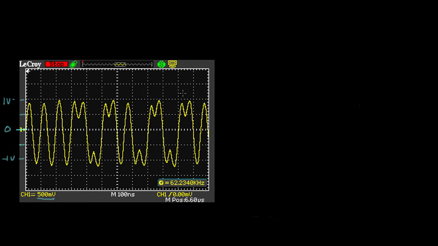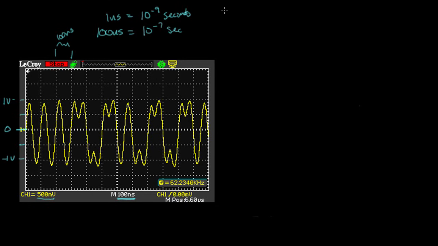Now, in the horizontal direction, each division represents 100 nanoseconds. So from here to here, for example, is 100 nanoseconds. And just to remind ourselves, 1 nanosecond is equal to 10 to the minus 9 seconds. If we multiply both sides of this by 100, we see that 100 nanoseconds is equal to 10 to the minus 7 seconds.